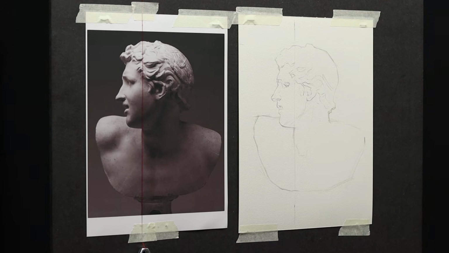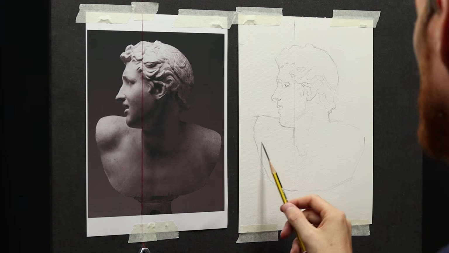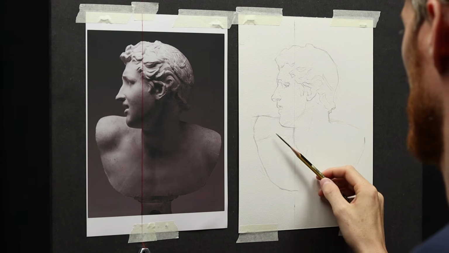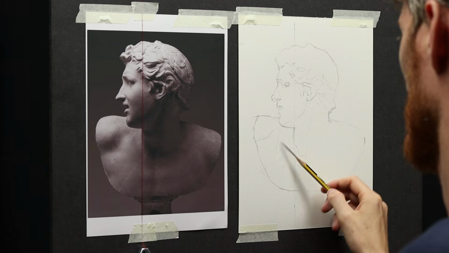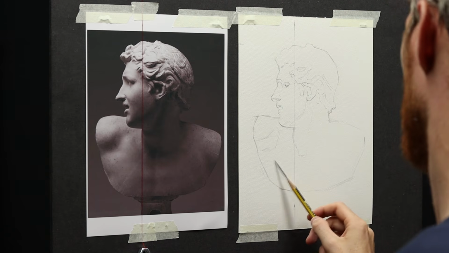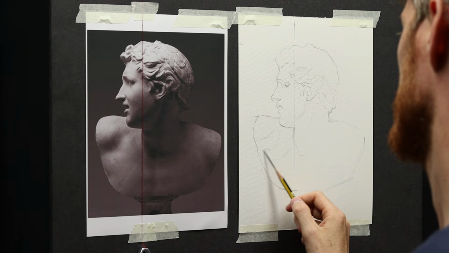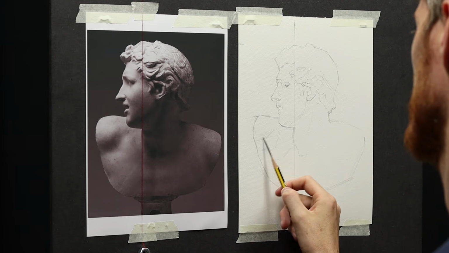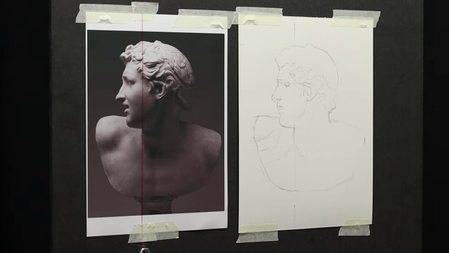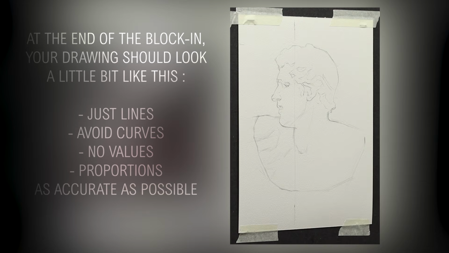And you only want to go to the next phase after you've made sure that the main points, the main lines and shapes have the right size, placement, and proportions. Just make sure you check everything, you correct everything before you move on to the next phase.